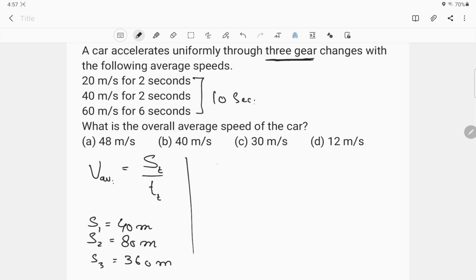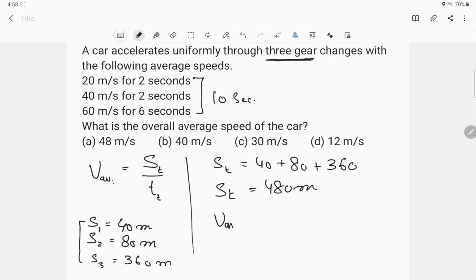So the total distance S total is the sum of S1, S2, S3: 40, 80, 360. So the total distance is 480 meters.